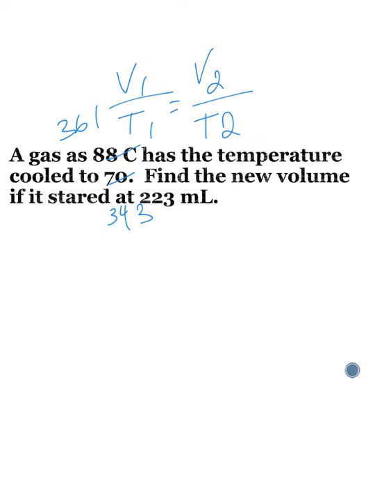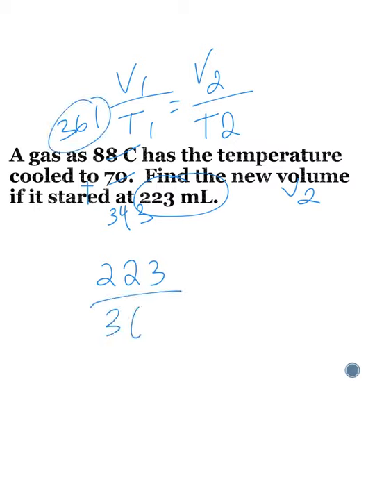Find the new volume, so that means we're looking for V2 if it started out at 223, and sorry, that's missing a T. So what we need to do here is plug in V1. That is 223. T1 is where we started, but again, use the Kelvin one, so 361. The new temperature is what we converted that one to, and that is 343.